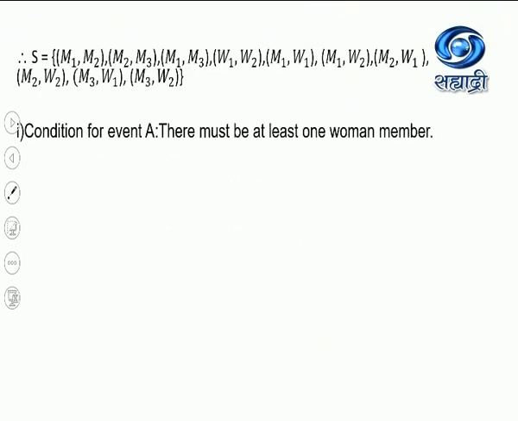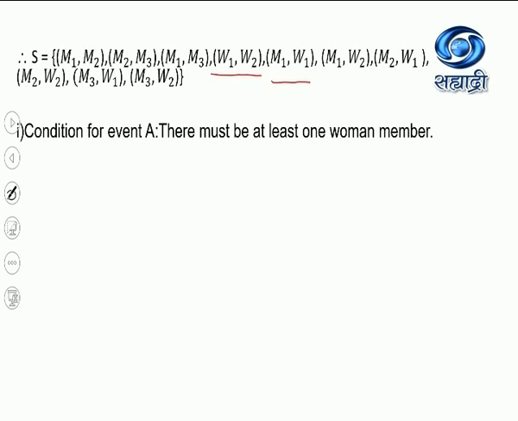Now let us write the condition for event A. There must be at least one woman member. So I will take W1 W2 because at least one means minimum one, so more than one is also acceptable.